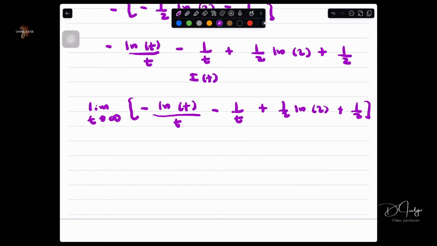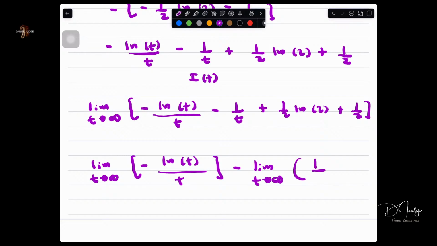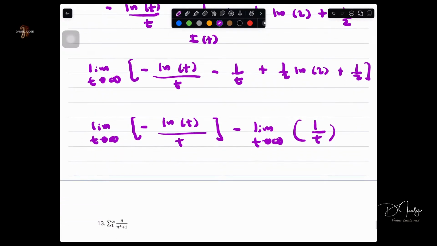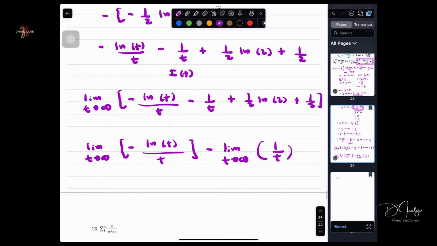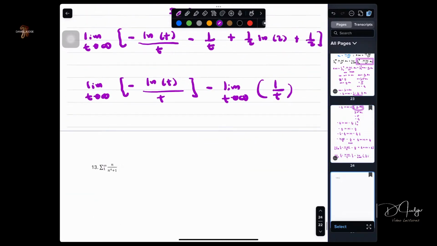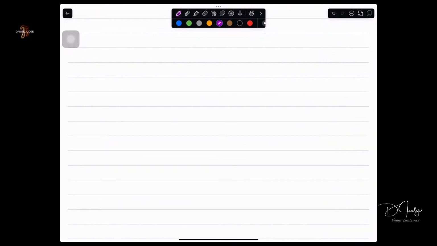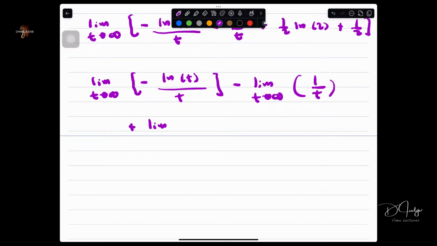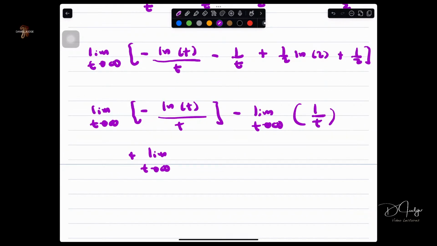So by properties of limits now, we're going to get the following: the limit as t goes to infinity of negative natural log t over t, minus the limit as t goes to infinity of 1 over t, plus the limit of the constant 1/2 natural log 2 plus 1/2.